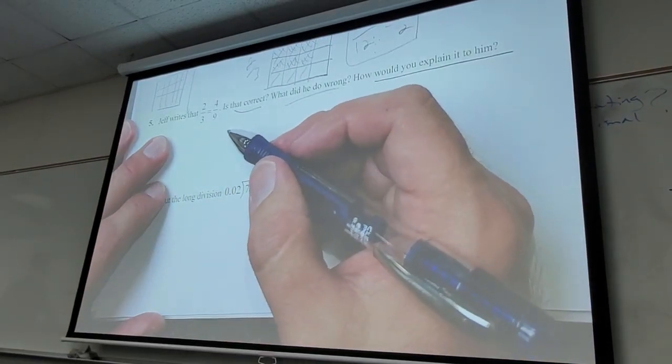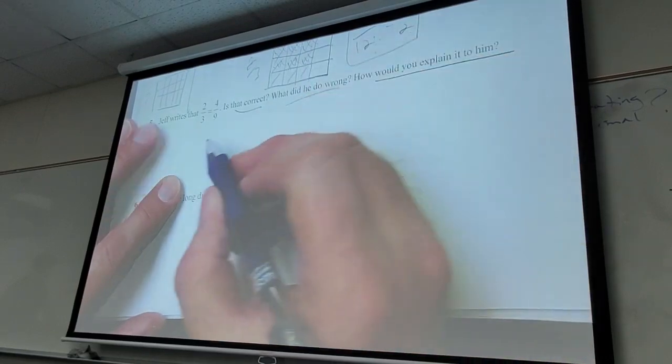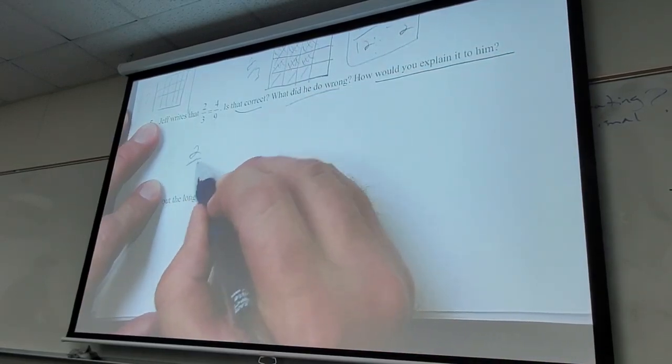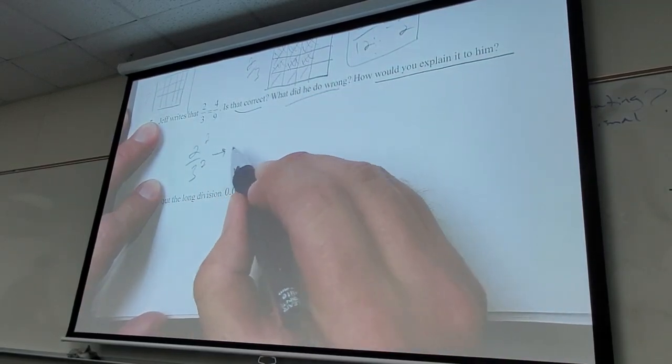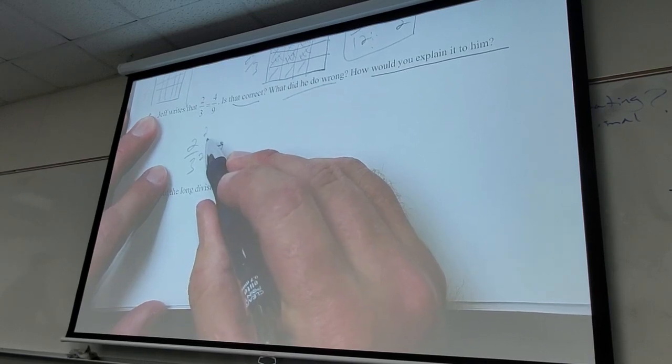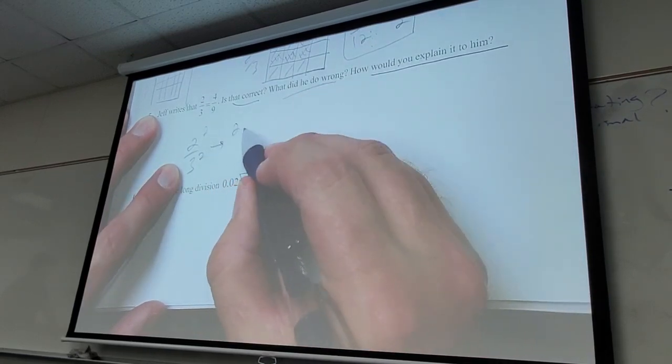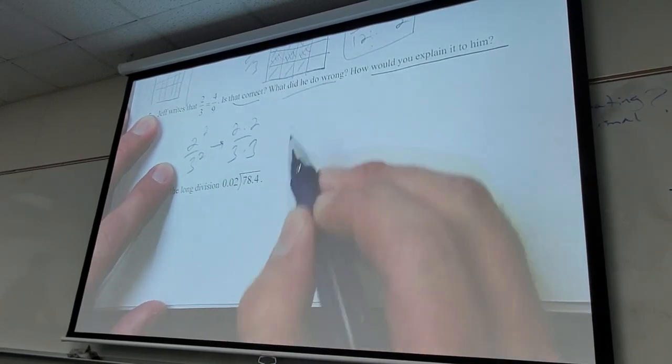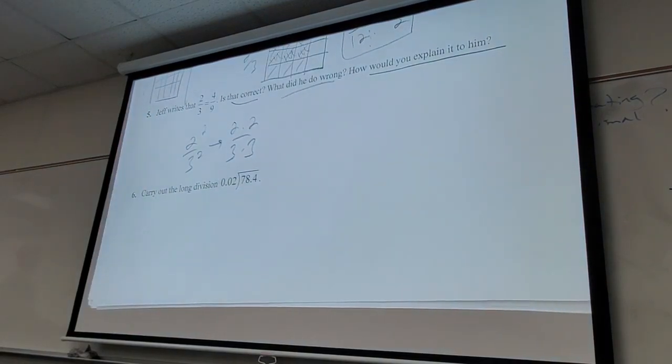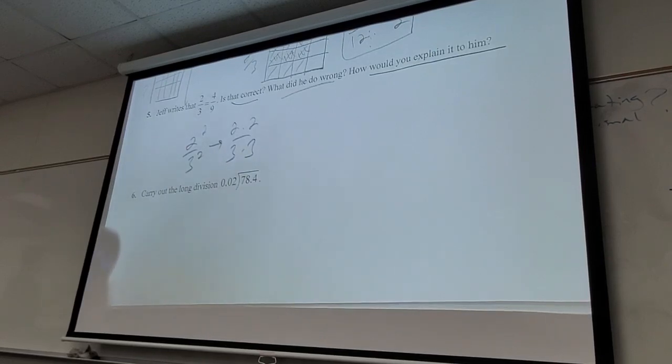When you square 2, you're multiplying it by 2. Okay. And when you square 3, you're multiplying it by 3. So you explain, because at this point they understand exponents. So this is 2 times 2 and this is 3 times 3. Now where does that lead? Why is that wrong? What would you tie that into? You have to multiply the numerator by the same thing as you did the denominator.